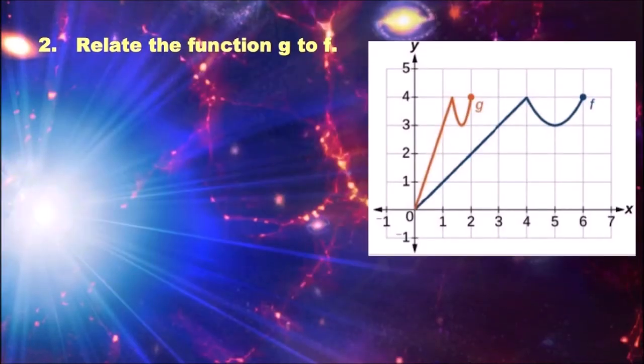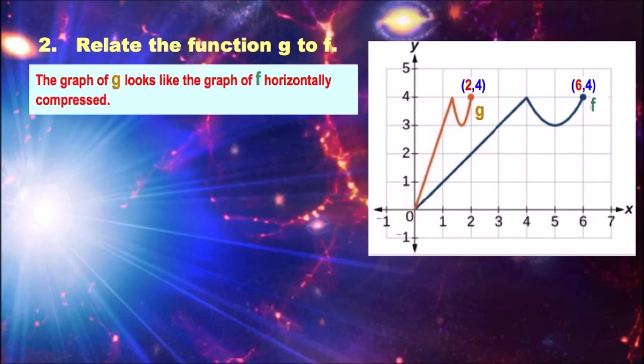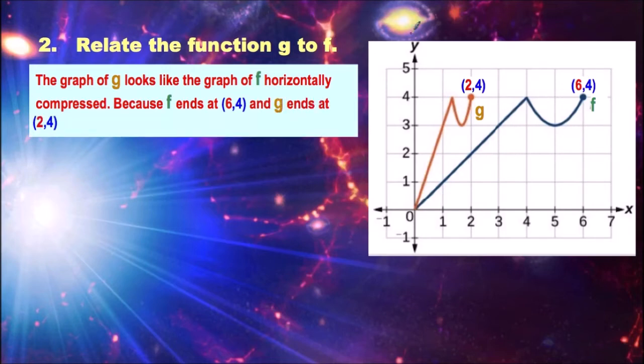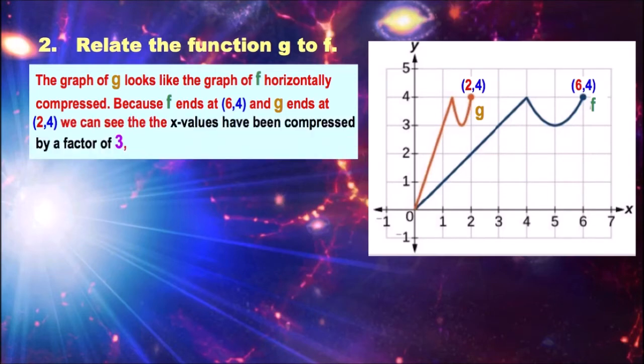Question 2. Relate the function g to f. The graph of g looks like the graph of f horizontally compressed. Because f ends at point of coordinates 6, 4, and g ends at point of coordinates 2, 4. We can see that the x values have been compressed by a factor of 3, because 6 divided by 3 equals 2.